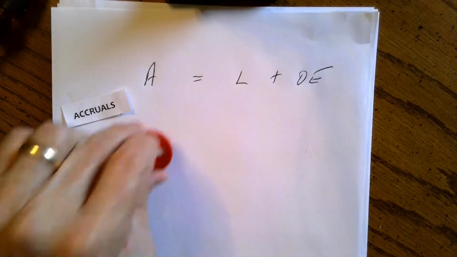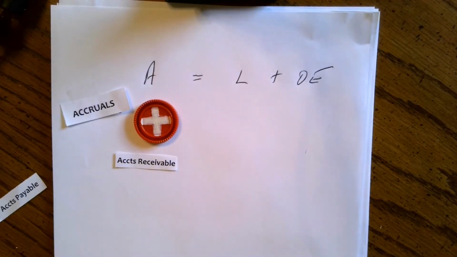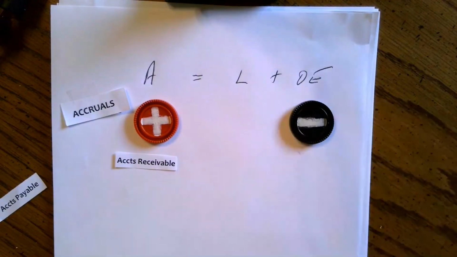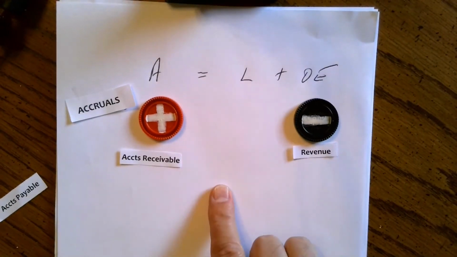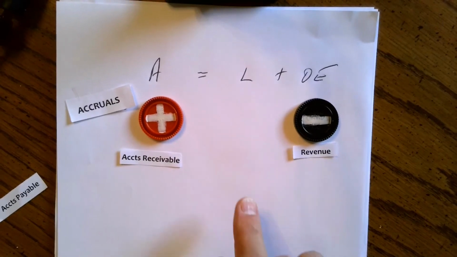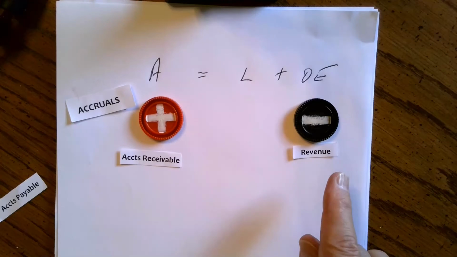We would increase our assets, accounts receivable, with a debit, and increase our owner's equity with a credit to earned revenue. Again, we are earning it in the period in which the service is performed, not necessarily when cash is received.